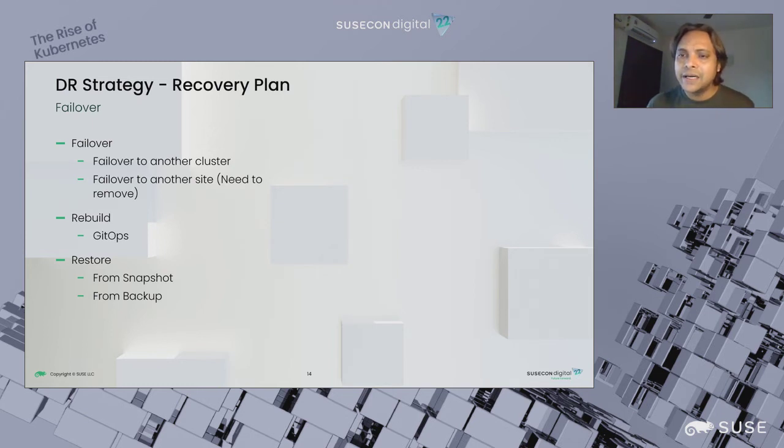Failover means we have an identical set of clusters running where our production workload can be shifted during the disaster event. It can be done in various ways, so I'll discuss in detail. Rebuild is based on GitOps, where you put your infrastructure as code and automation scripts directly available. You can build your environment right from scratch.